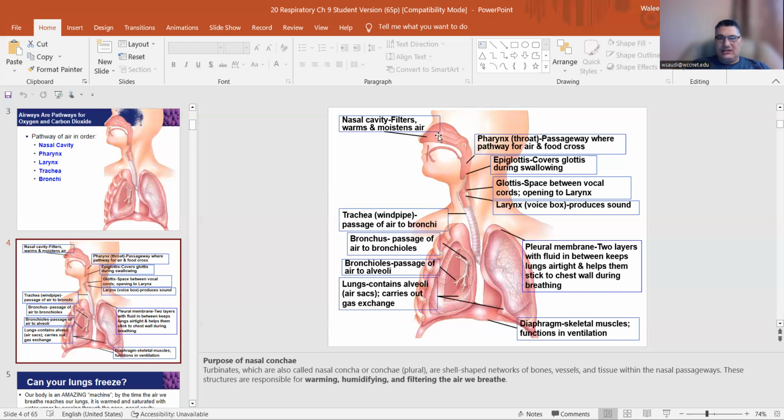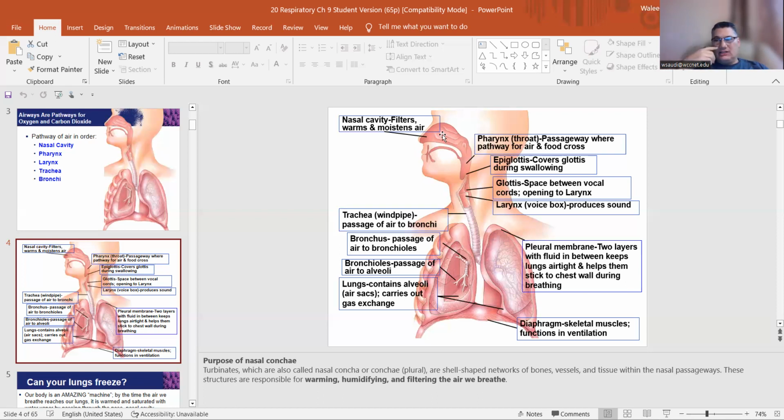Or we can ask you, or the nasal cavity, or we can ask you, this is what filters, warms, and moistens the air, which is a function of the nose. And this is why, if you think about it, should I breathe through my nose or should I breathe through my mouth? You should breathe through your nose, not your mouth.